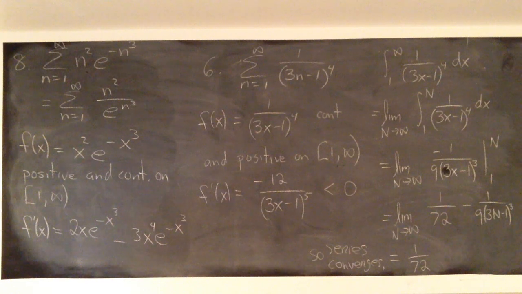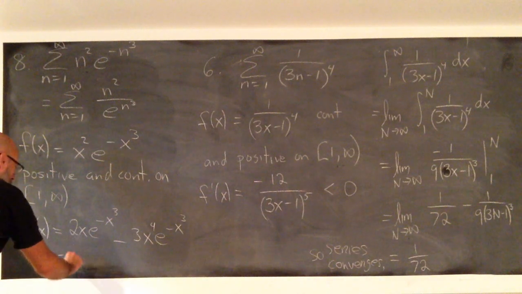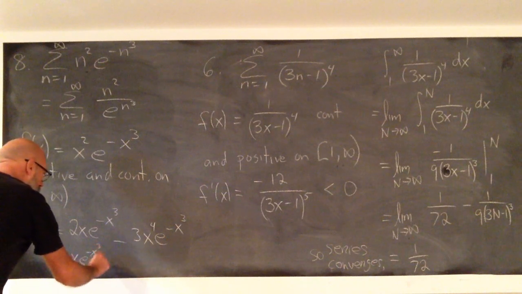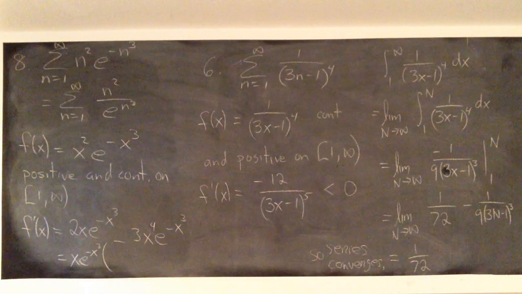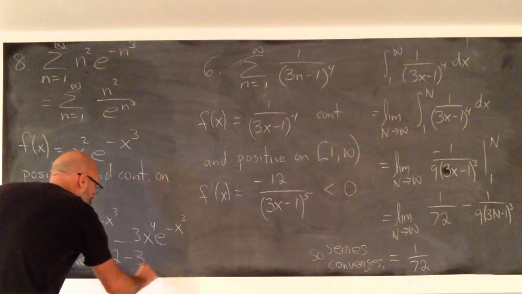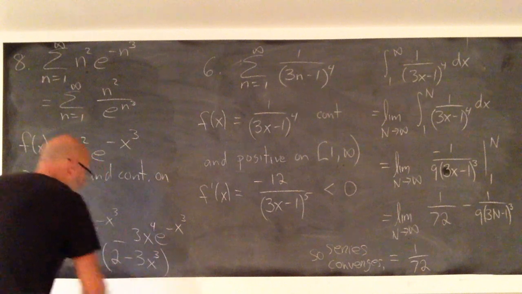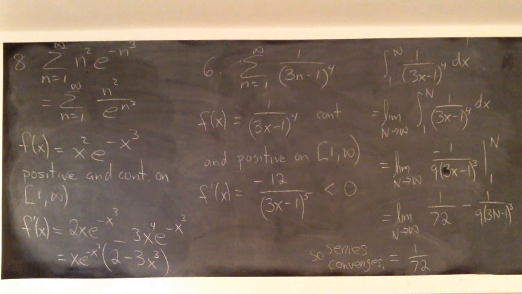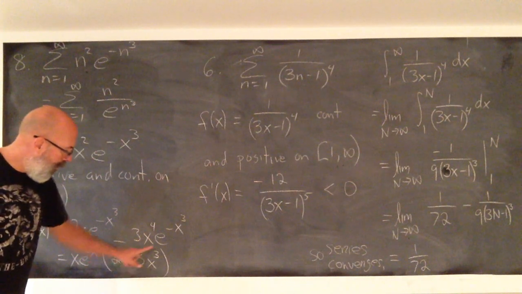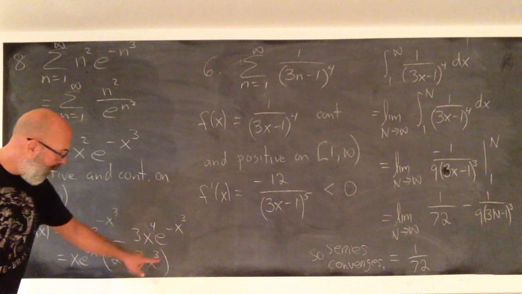And if you factor out an x e to the negative x cubed, what are we left with? This is a 2 minus 3x cubed. It's easy to see that if x is bigger than or equal to 1, this is going to be bigger than or equal to 1.